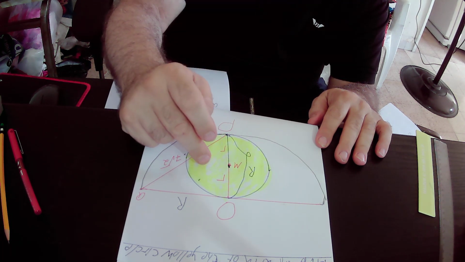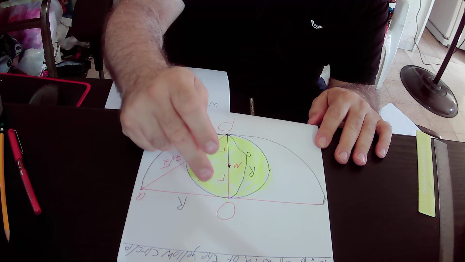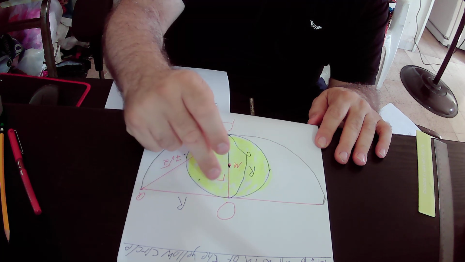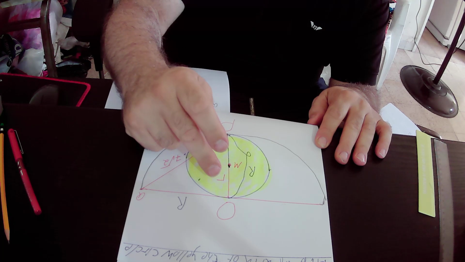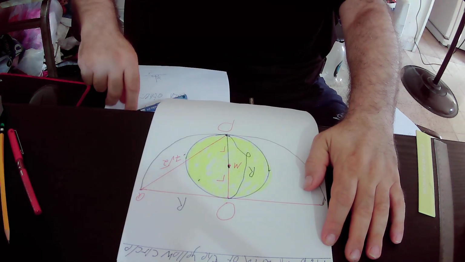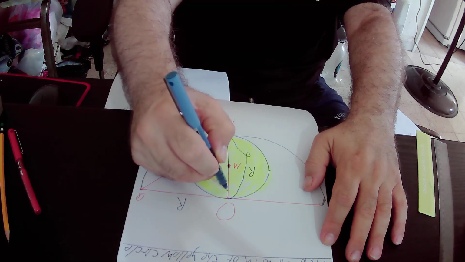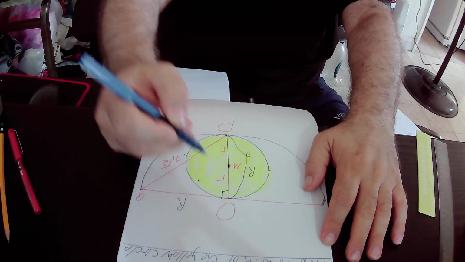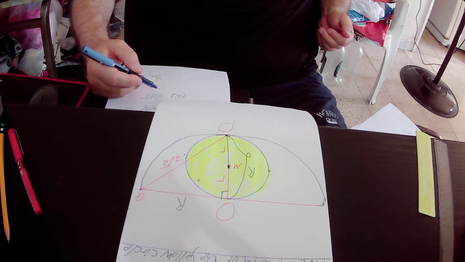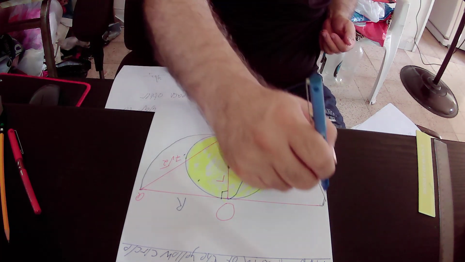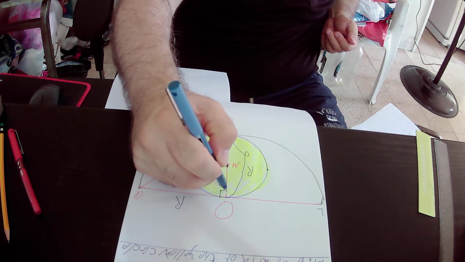So according to rule number 2, the radius is perpendicular to the tangent OQ, that is the tangent to that circle. That is to say, angle POQ equals 90 degrees. And we can also say that angle POL equals 90 degrees.